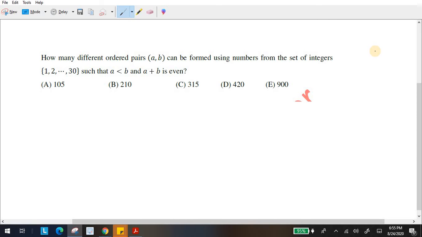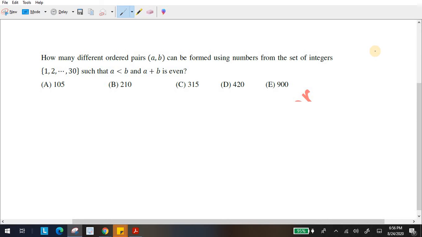So odd plus odd is even, and even plus even is even. Odd plus even is odd. Okay, so we just have to solve the parity. First let's do case 1, where we choose 2 odd numbers.